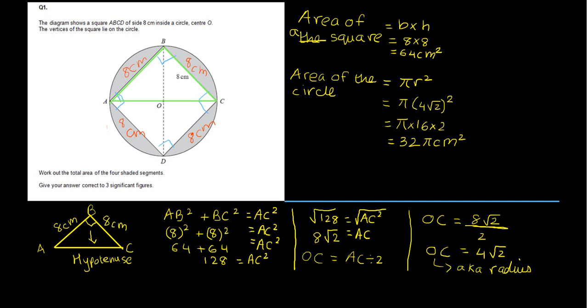So then to find the shaded area, as the area of the 4 segments, I have to do the area of the circle, which is 32 pi centimeters squared, minus the area of the square, which is 64. Now this is when I substitute the value for pi in.